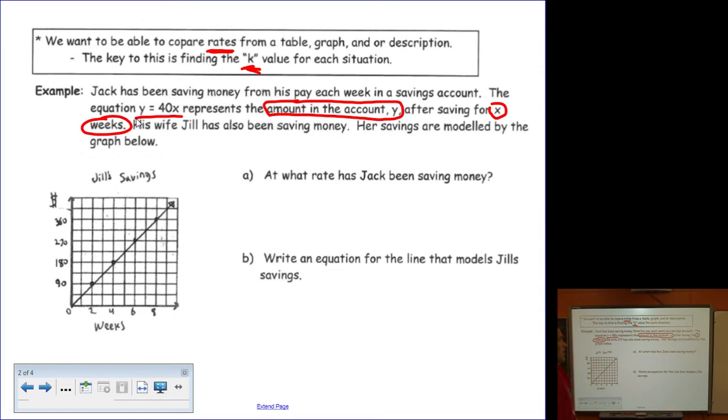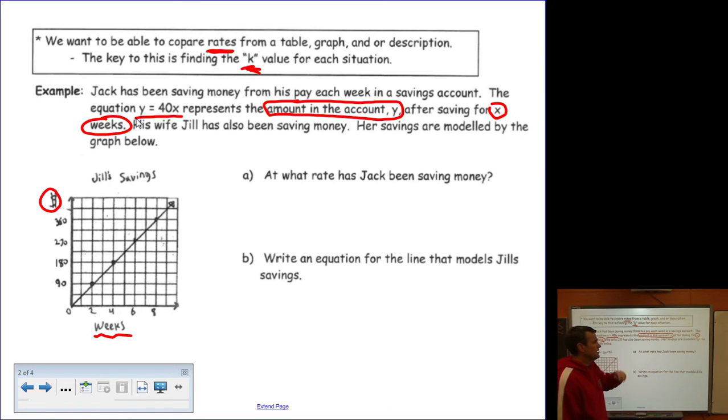His wife Jill also has been saving money. Her savings are modeled by the graph below. You can see in the graph below that her x value is also weeks, and her y value is the amount of money she has in the account. And we have several questions we're going to answer about this situation.